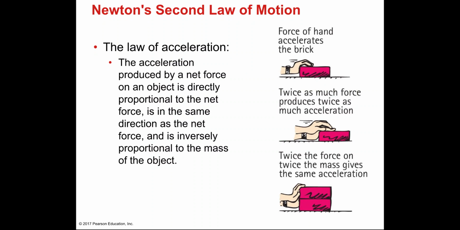Let me say mass, because mass is one object that you can easily visualize. Let's say if you have a very large object, applying a force on that large object is not going to produce as much acceleration as on a small mass object.